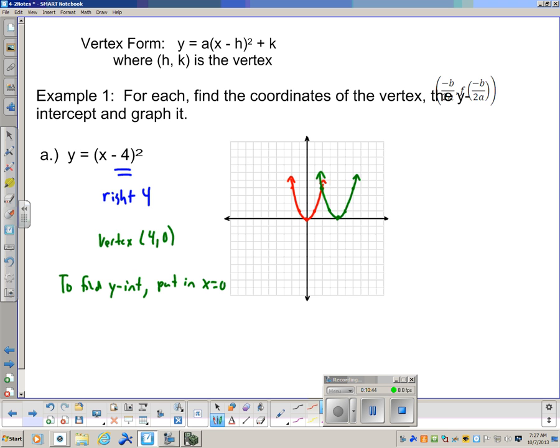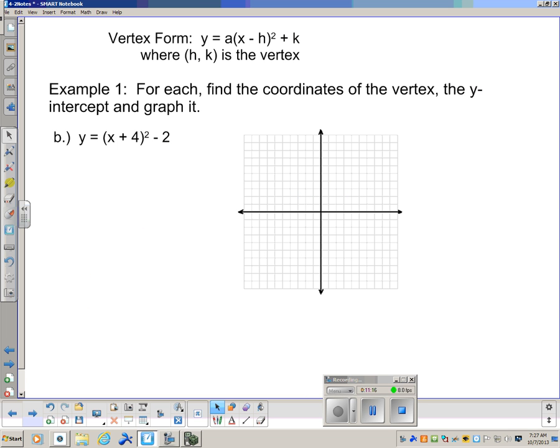So I'm going to put 0 in there for x. So y equals 0 minus 4 squared. Well, 0 minus 4 there is -4 squared. I get 16. So my y-intercept there is just 16, or 0, 16. However you want to write that. If you want to write it as an ordered pair, it'd look like this. And we already graphed it. So there's a nice little graph.